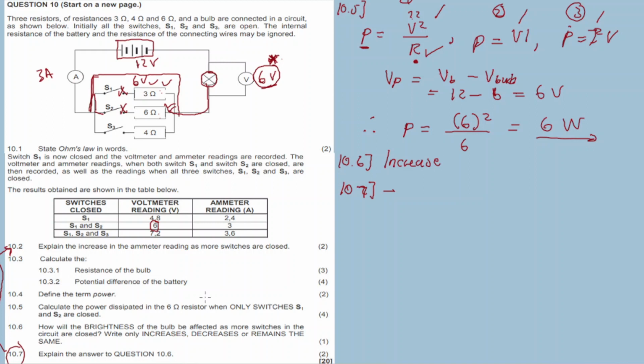As more resistors are connected in parallel, remember, the effective resistance decreases and the current does what? Increases. So more charges are flowing through the bulb.